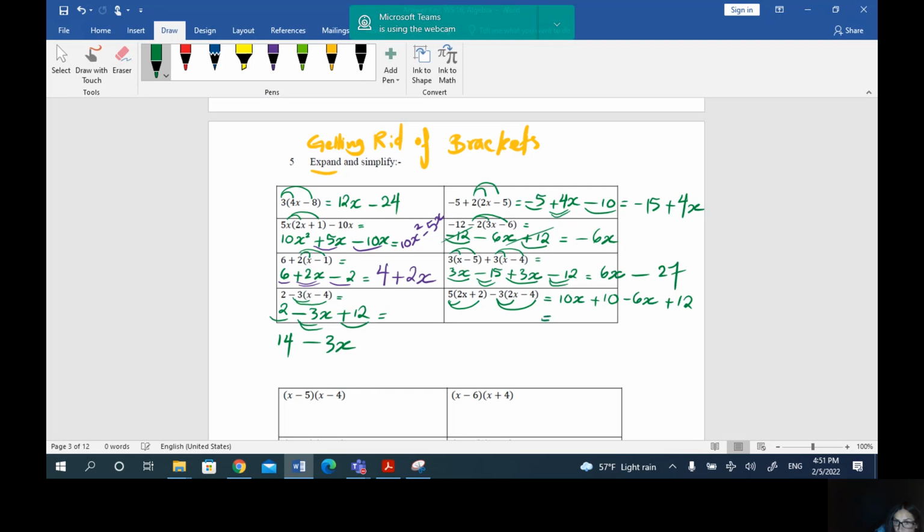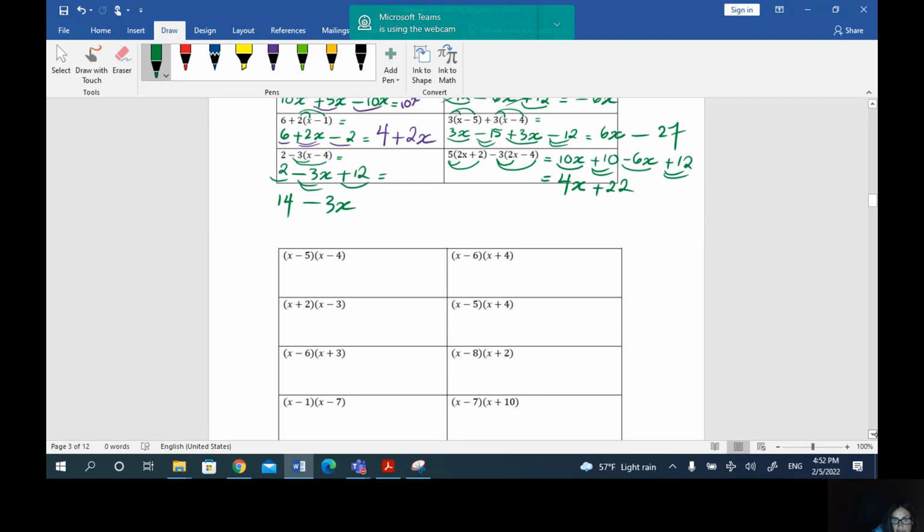Let's collect like terms. 10x is a like term to negative 6x. 10 minus 6 is 4x. Plus 10 plus 12, they are like terms. It is 22. So plus 22.